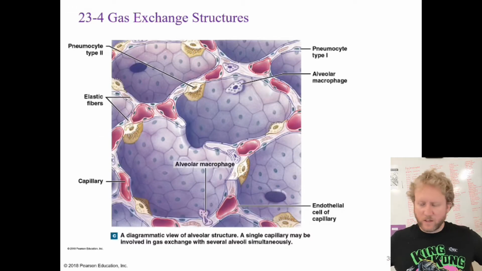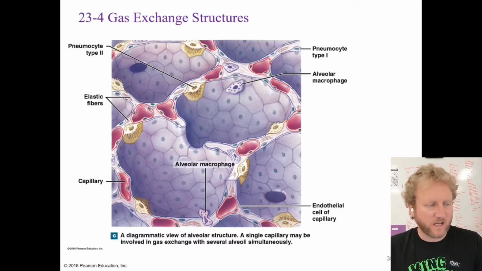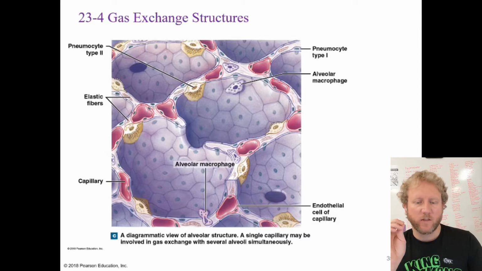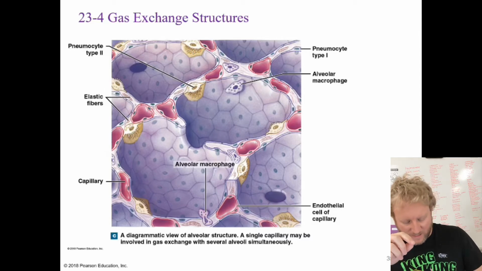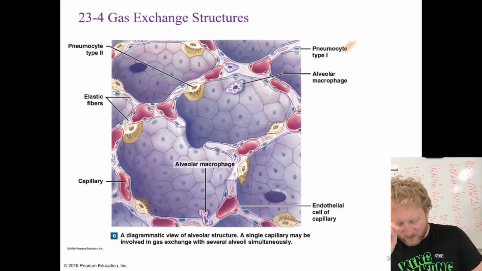So if we take a closer look at the alveolar surfaces themselves, you can see some important structural characteristics. The lining of the alveoli is one cell thick, and it's primarily these cells called pneumocytes type 1s.